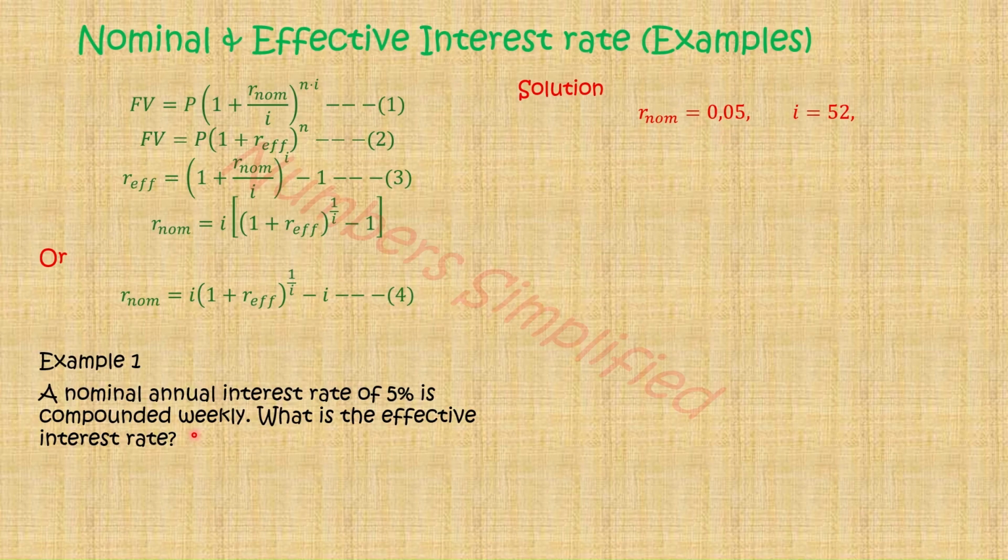Then we're told that this is compounded weekly, implying that within a year, we get the number of weeks, which is 52. So our I becomes 52 because that is the number of times it is compounded within a year.